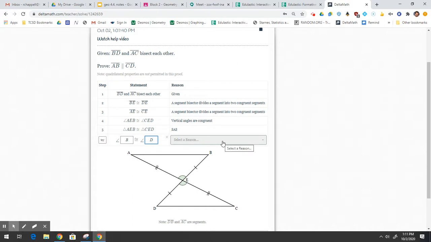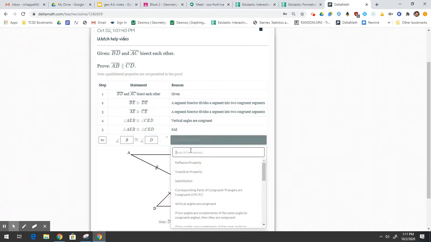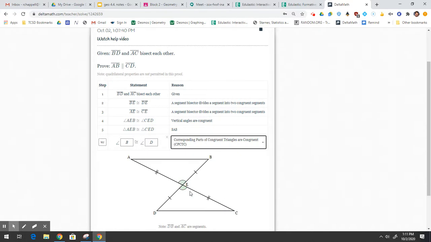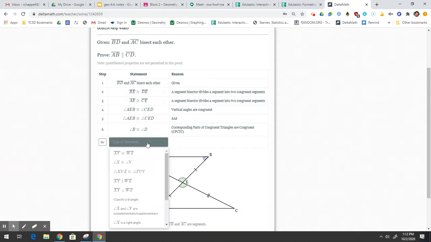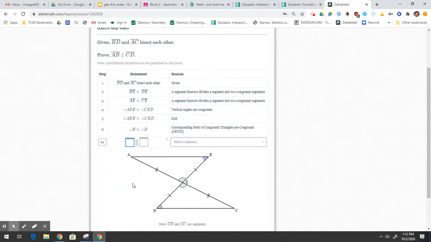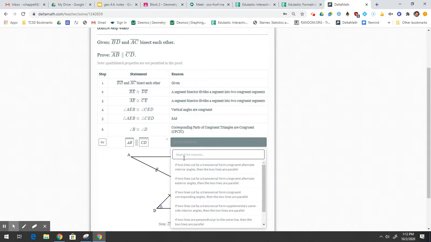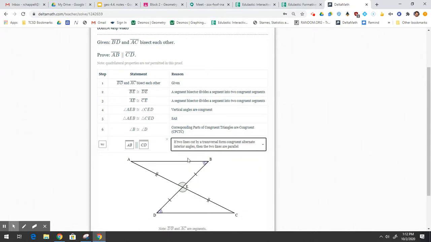We're not there yet. It's by CPCTC, right? Yes, they're alternate interior angles, but the reason they're congruent is by CPCTC. We don't know that the lines are parallel, but now we do because we just showed alternate interior angles are congruent. So now we can say that yes, AB is parallel to CD because if two lines are cut by a transversal and form congruent alternate interior angles, then they're parallel.